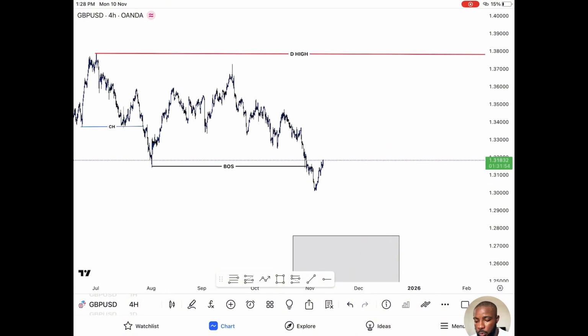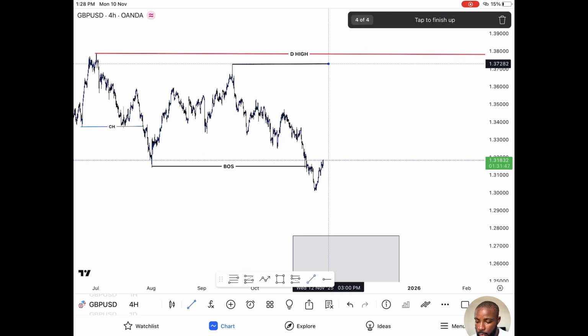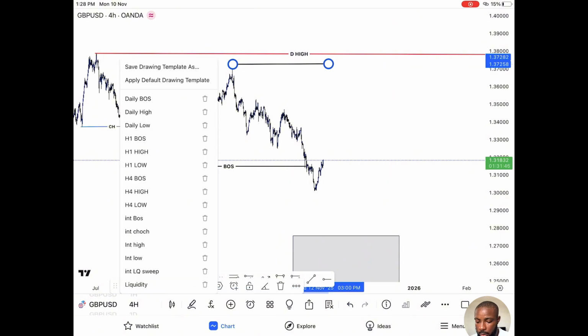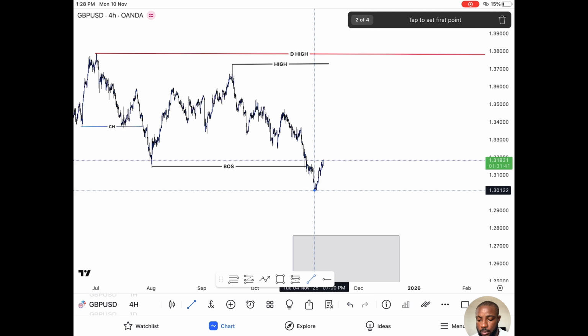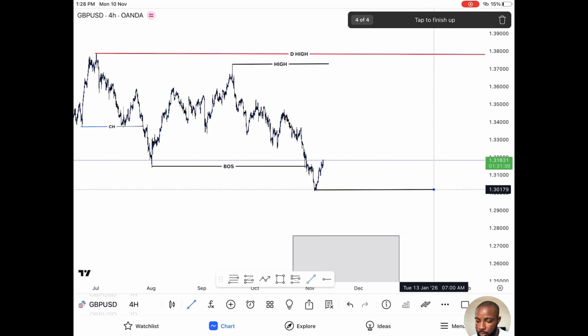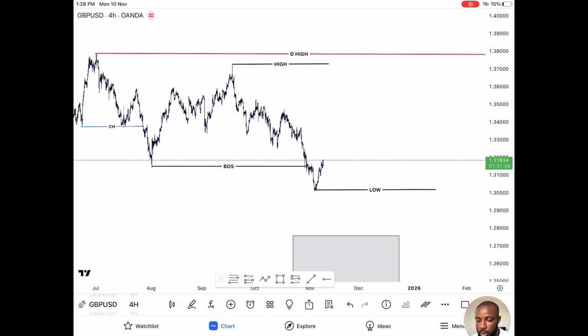Which gives us here and here as our 4 hour trading range.